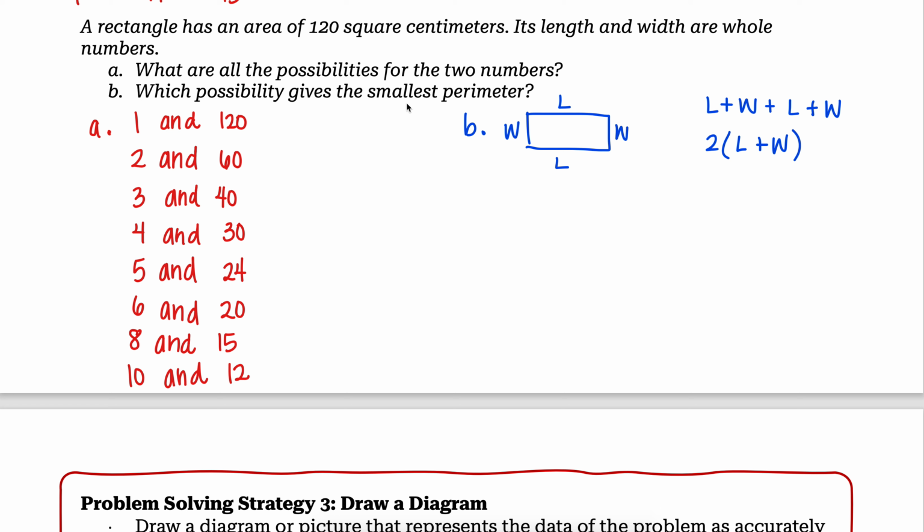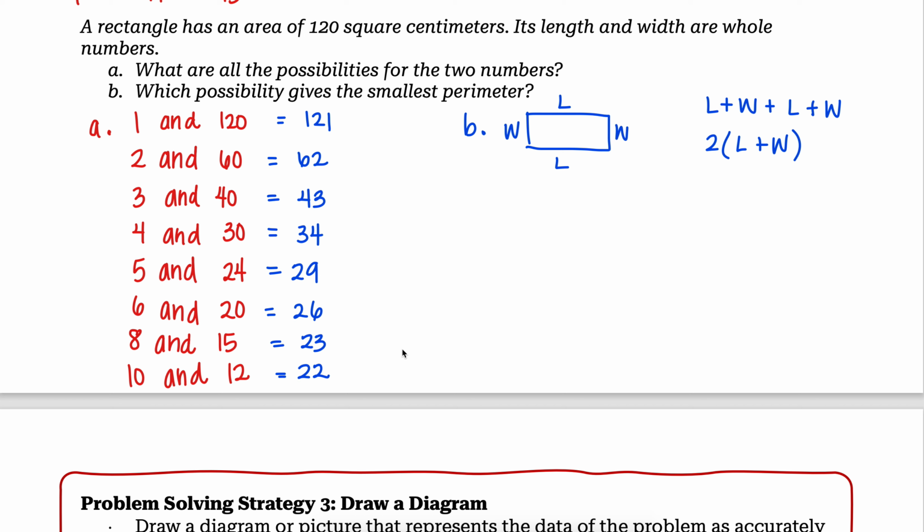So to find the smallest perimeter, you can just add: 1 and 120 would be 121. 2 and 60, 62. 3 and 40, 43. And you keep going. 8 and 15, we're at 23. And then 10 and 12, 22.